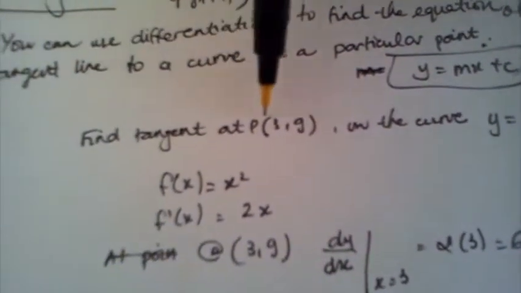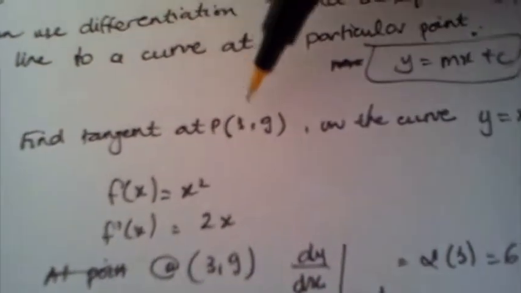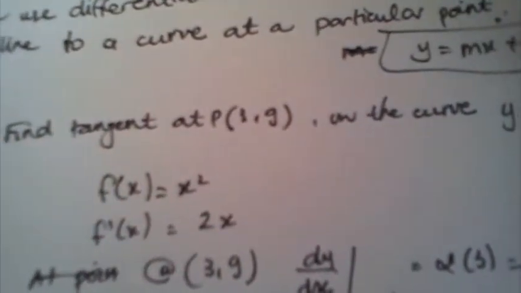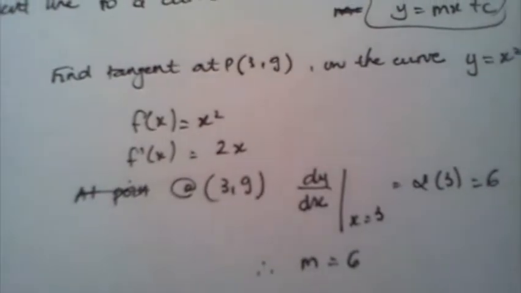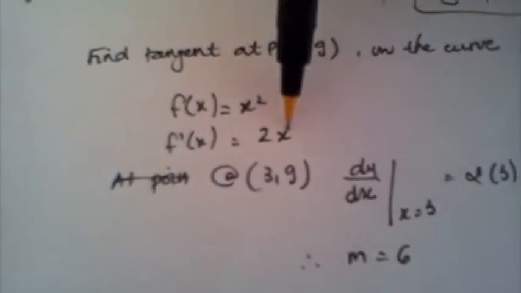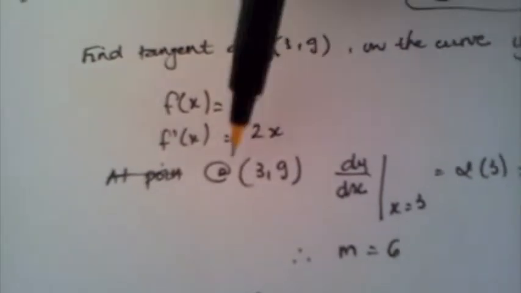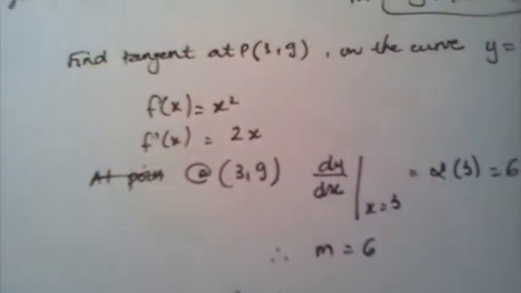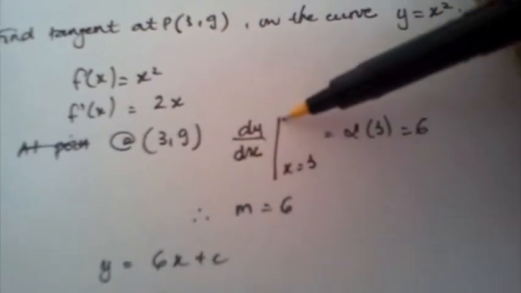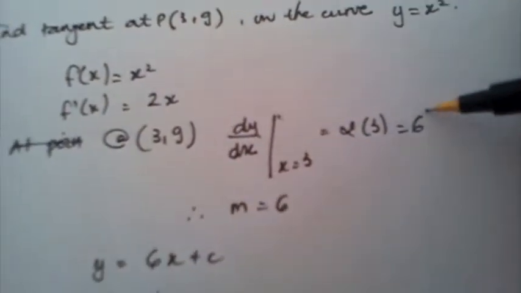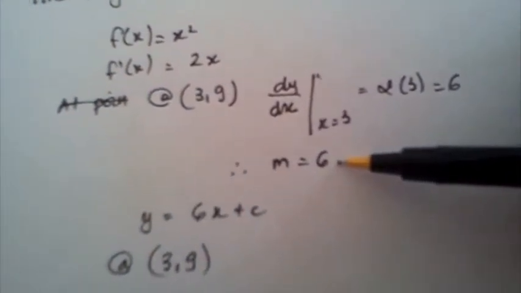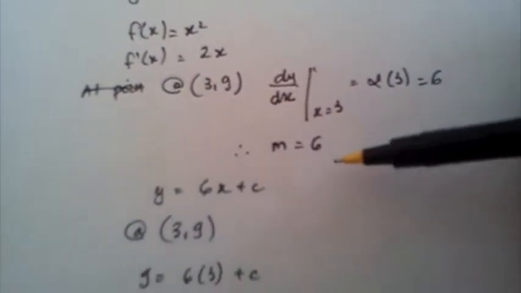To find the tangent at P(3, 9) on the curve y equals x squared, you do the following steps. First, you differentiate to get 2x. And then at point (3, 9), you plug x equals 3 into the differentiated function to get 6. And m equals 6. 6 is the gradient of the tangent.